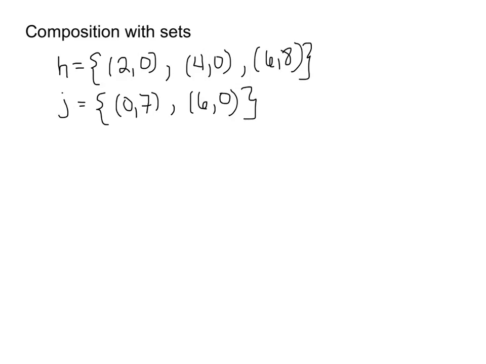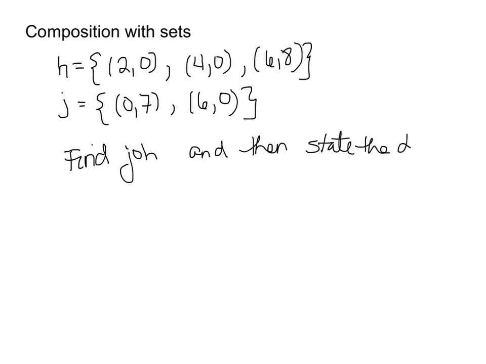So I'm asking us to find J composed with H, and then state the domain. Okay, so that means J composed with H. That's like taking the function J and using the input H of x.